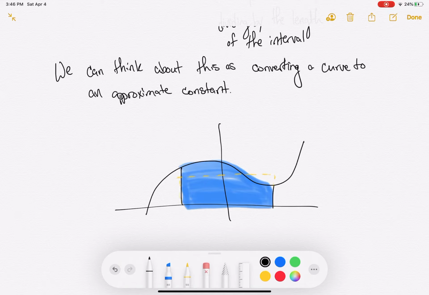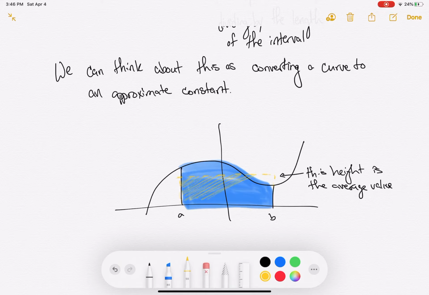This height, that would be A and B there. So that height there is the average value, because it would say that this area in yellow is equal to that area in blue. That's how you can think about it.